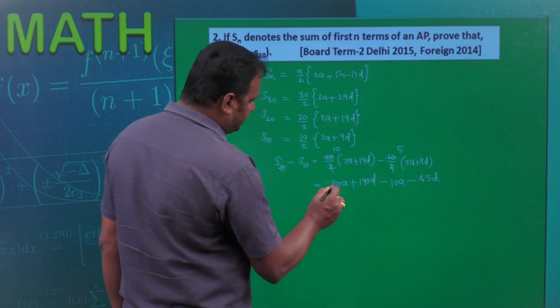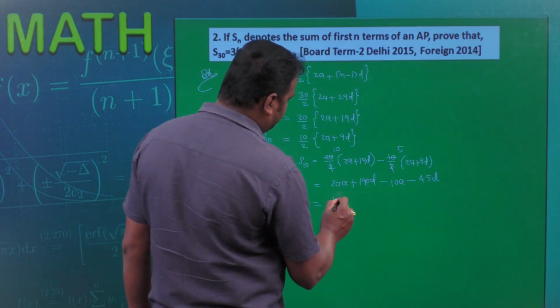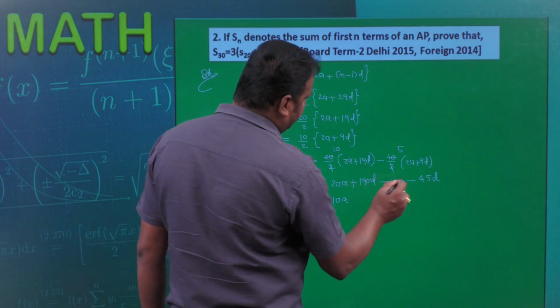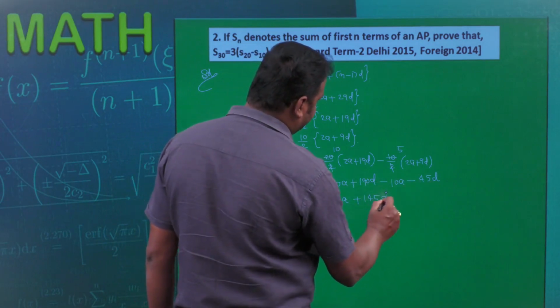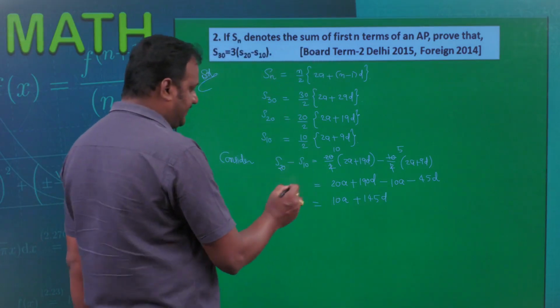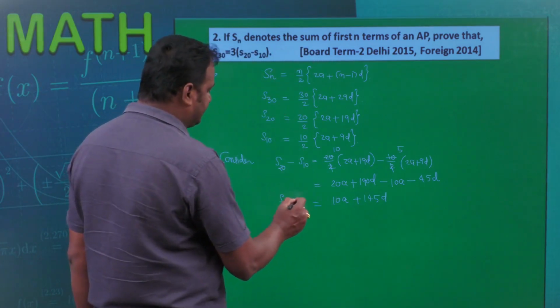So totally 20a minus 10a is equal to 10a, 190d minus 45d is equal to plus 145d. This is S20 minus S10.